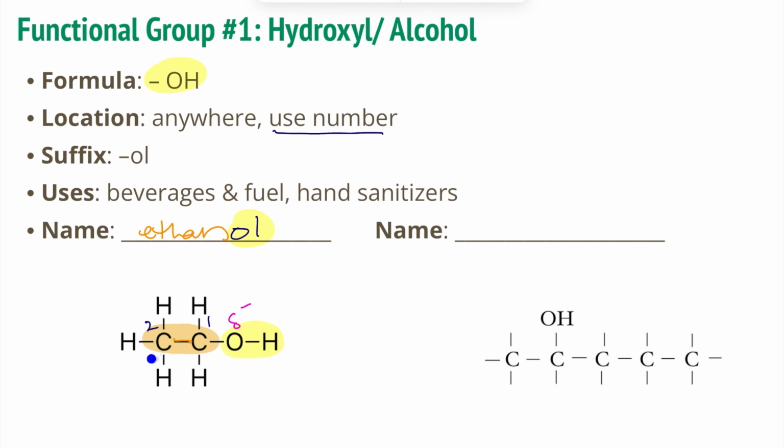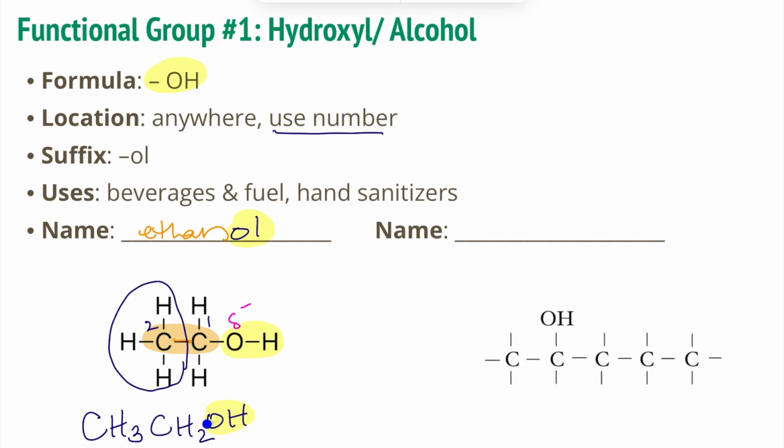If we were to go through and actually write out that compound, we could start on either end, but with the condensed formula, we would say CH3. That represents this grouping right here. And then we would say CH2, and then we would put our functional group of OH. We keep this OH group because that carbon is connected to 2 hydrogens and that oxygen, but the oxygen is what's connected to that last hydrogen.